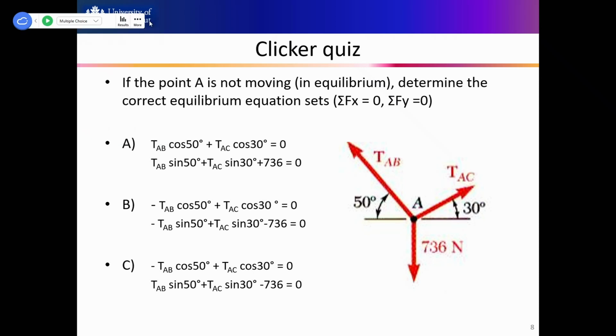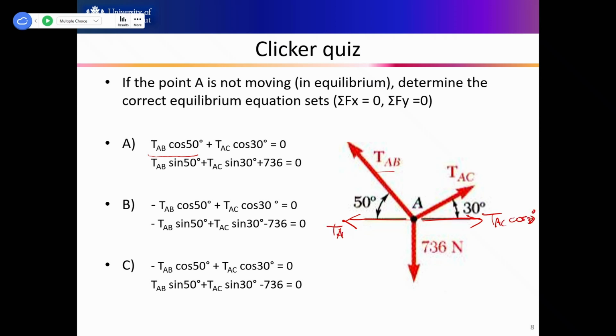So let's check it together, okay? The x component of TAB, so this is TAB, right? And then this is TAB times cosine 50 degrees, right? So TAB times cosine 50, right? And then the x component of this, it's TAC, so TAC times cosine 30, okay?